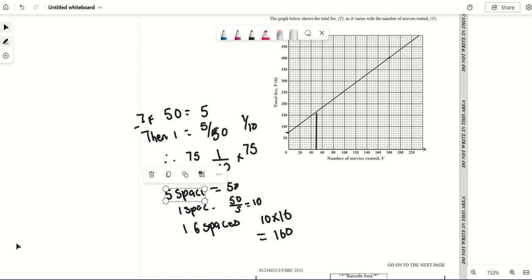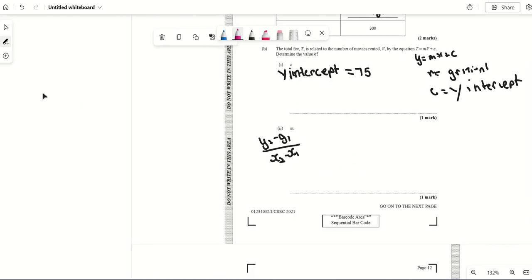So the two coordinates that I'm going to use, let me put this in pink, are 0, 75, and 180, 400.